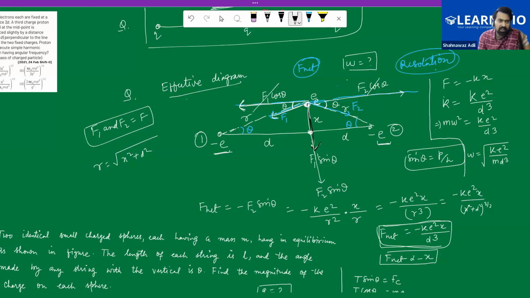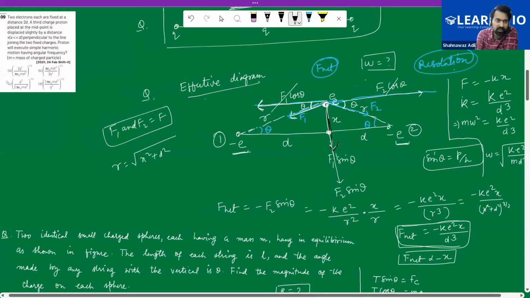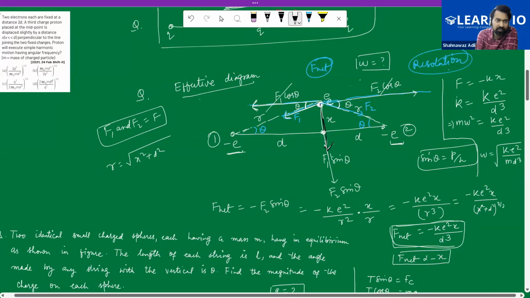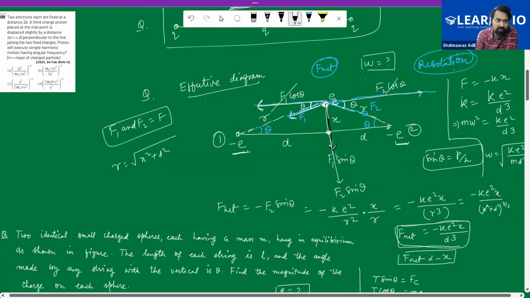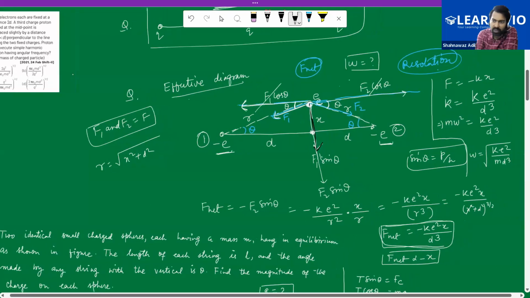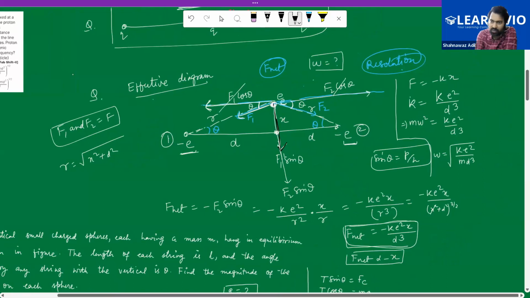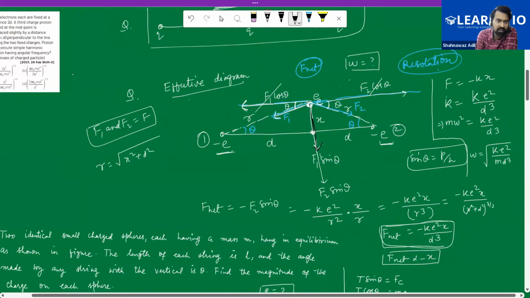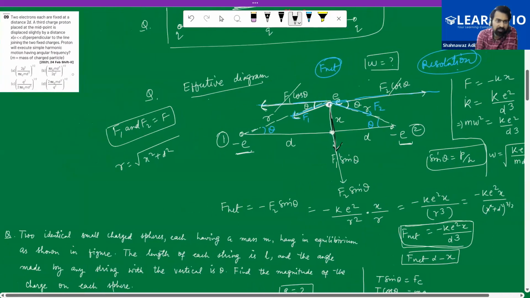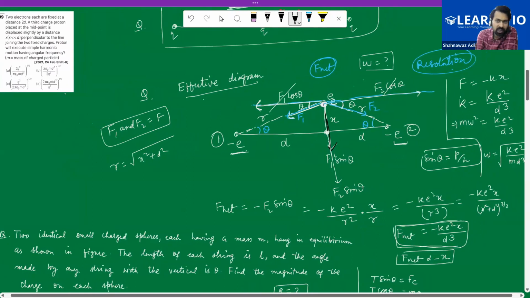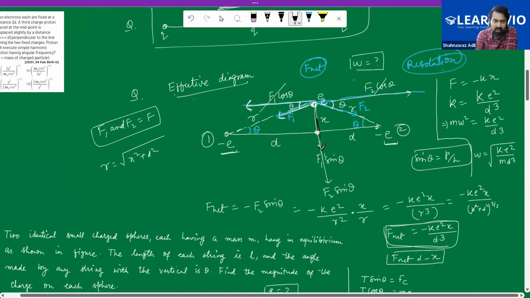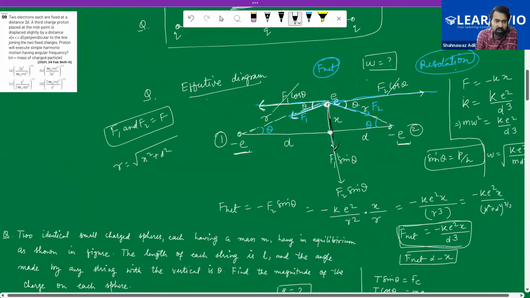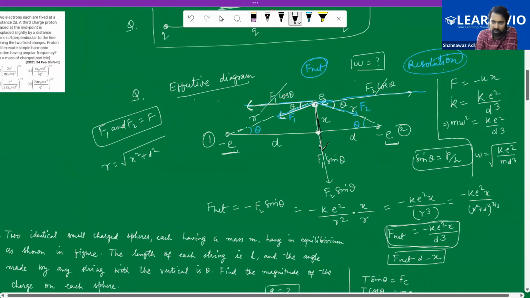So we have this, right? We have to write this K as 1 by 4 pi epsilon naught. There is this q square divided by 2. Why are we getting this 2?